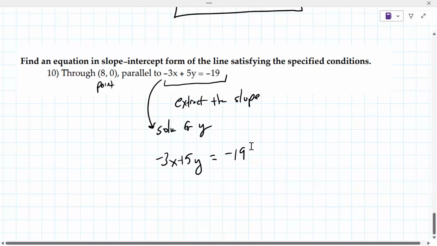So how did we solve for y in an earlier problem with the standard form? What did we do first? Let's go back and look.